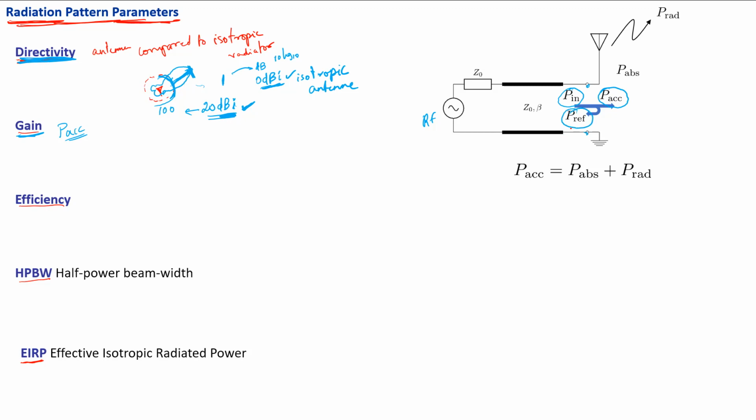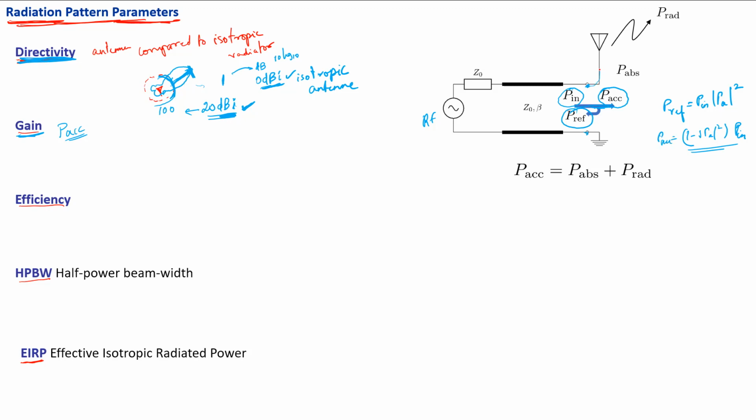How much is reflected depends on the reflection coefficient of the antenna. The reflected power is P in times gamma antenna squared, in linear terms. How much is accepted is 1 minus what is reflected, times the input power. This is the power accepted by the antenna.